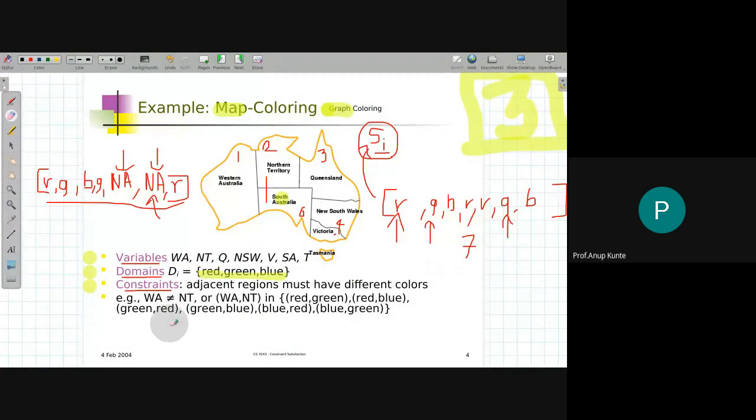So the constraint, in verbal form, may be represented like this: adjacent regions must have different colors. For a programming way, I will be checking certain equality or non-equality conditions for certain variables.